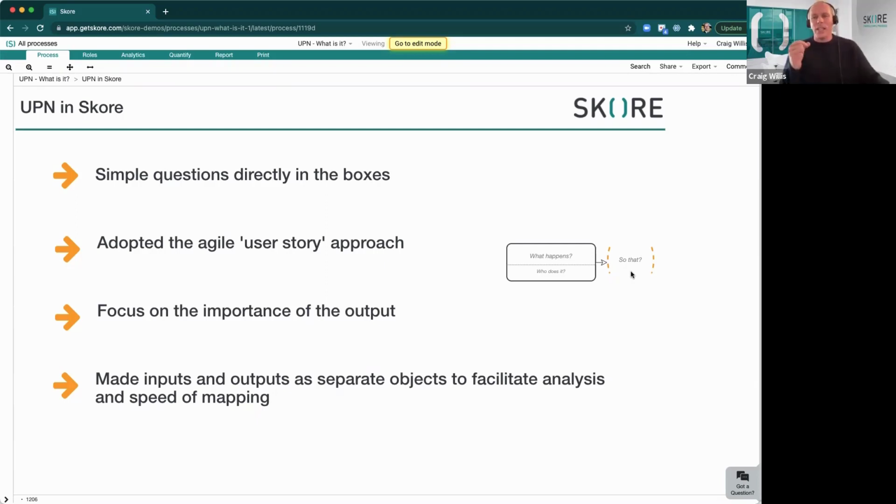Yet in UPN this is one of the most valuable features, because from a discovery and analysis perspective, it challenges people doing the process to think much more deeply about what they're doing. I do this piece of activity so I get an output or value. I'm delivering some sort of value to the business or to my end customer.